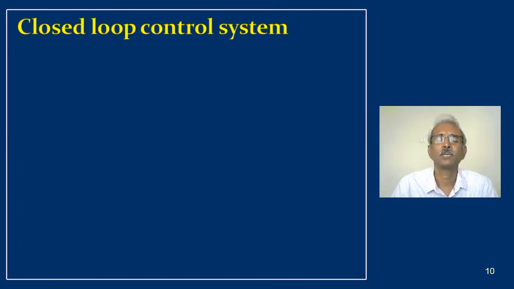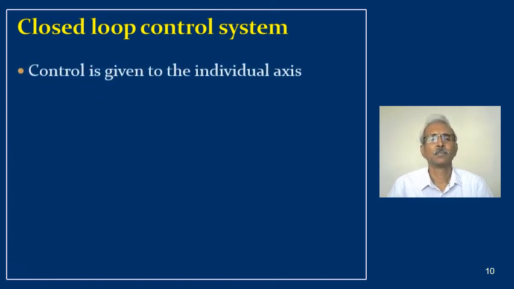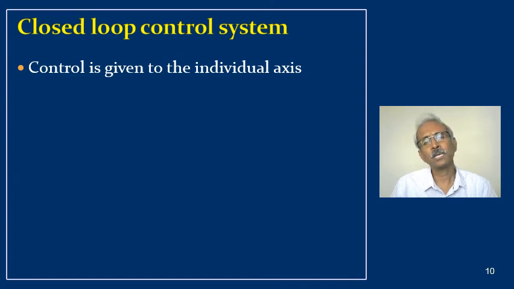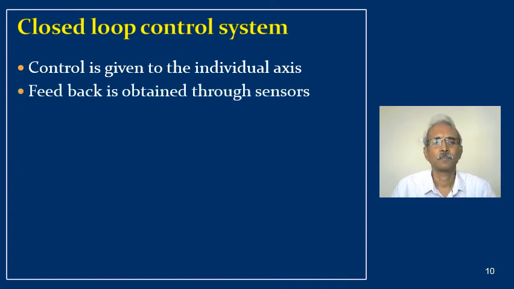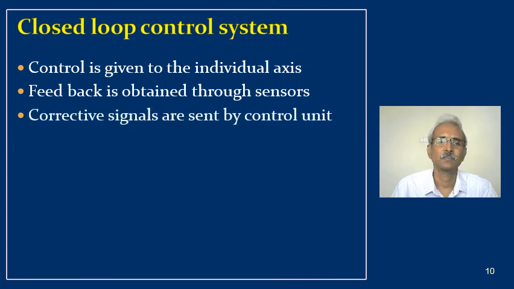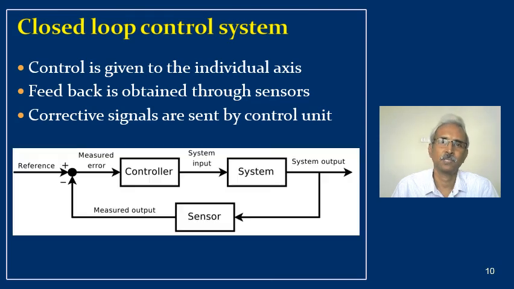So that is where the closed loop control system comes into the picture. Here also, control is given to the individual axis. Feedback is obtained through sensors. I think now you understand the importance of sensors. The corrective signals are sent by the control unit.